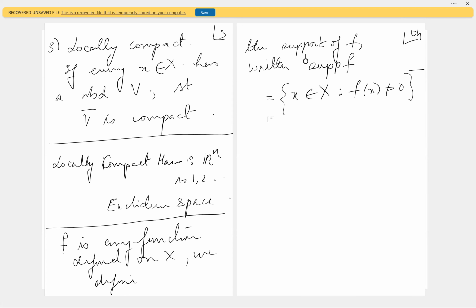Okay, so that is the support of f. What is the support of the zero function, a function which takes everything to 0? Empty. And the other extreme: suppose f takes a non-zero constant value throughout. What will its support be? It's the whole set. It will be the whole topological space X, right?